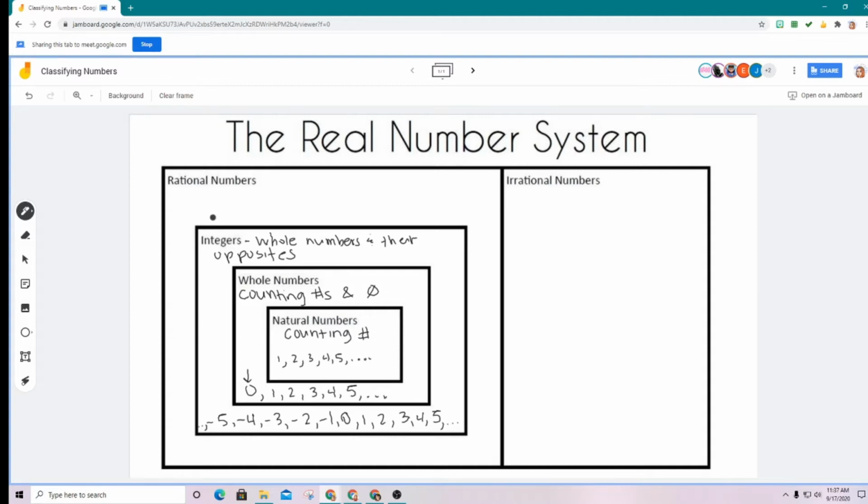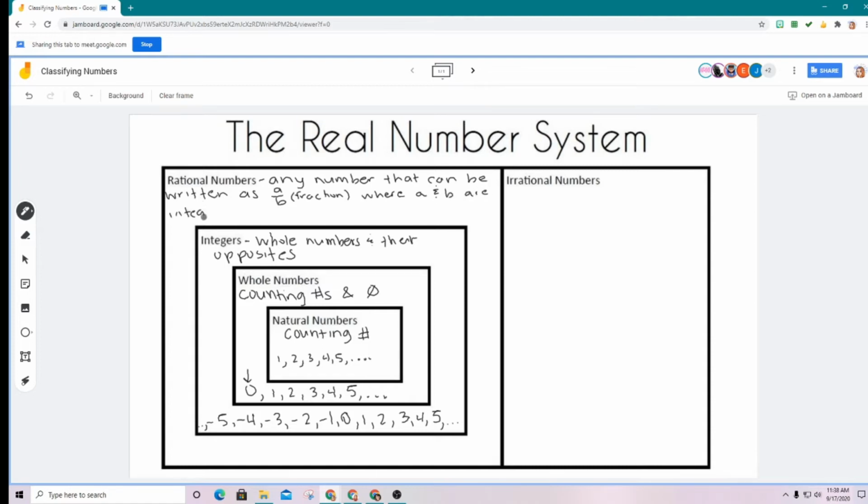There's something called rational numbers, which is what we actually deal with all the time, okay? Rational numbers are any number that can be written as a over b, so as a fraction, where a and b are integers.